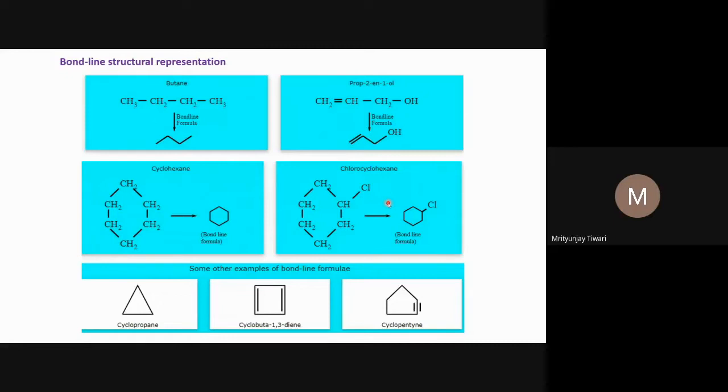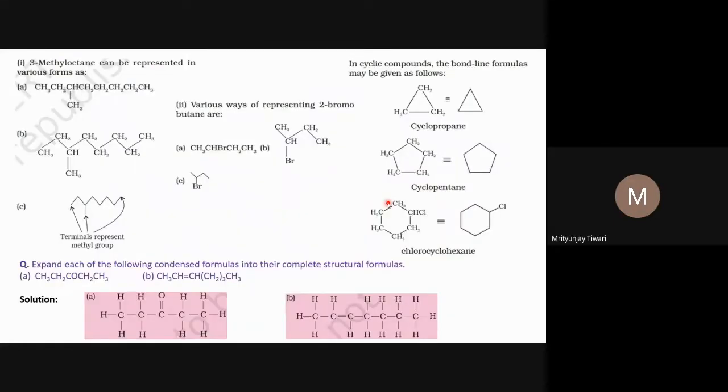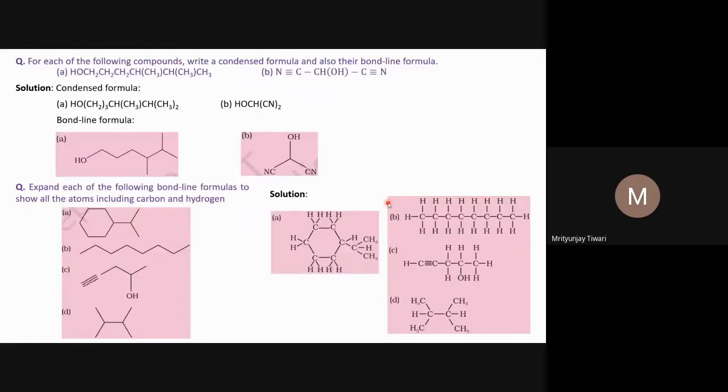So it should be a straight line. Here in this case, there is a carbon atom, here also there is a carbon atom, and this heteroatom OH is shown here.